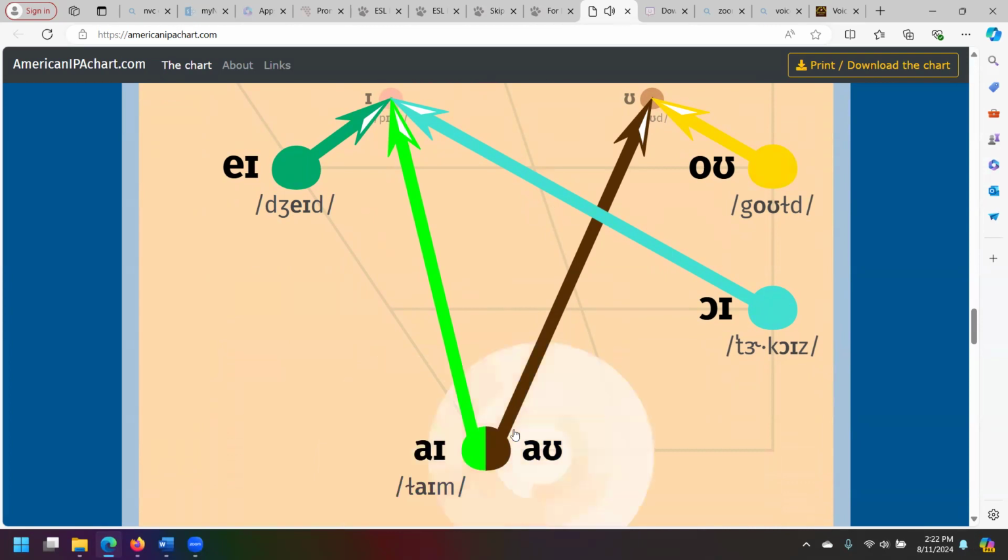Start here and you go there. Start here, go there.